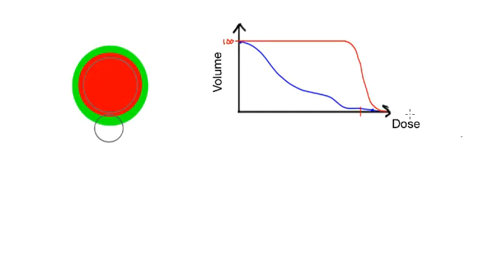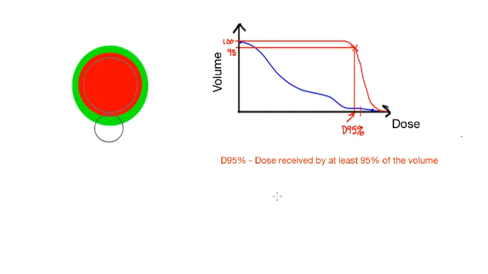Now let's look at how to pull out some dose statistics. So let's say in the PTV I want to find the 95% coverage line. So what dose does 95% of volume get? So I would look up on the graph like this, and then this point would be D95%. All right, so that's the dose received by at least 95% of the volume.